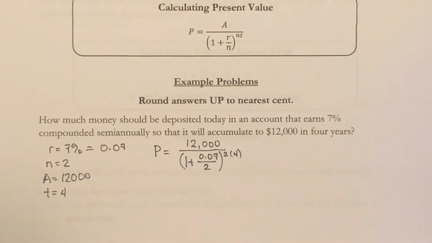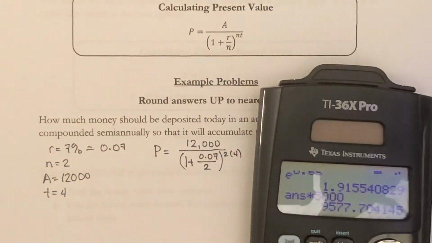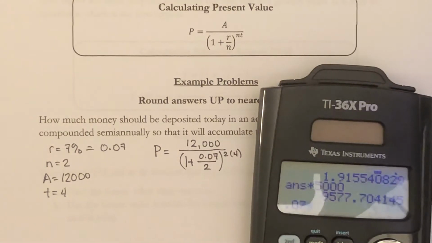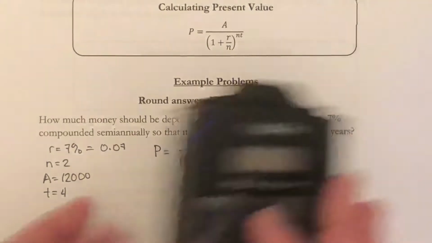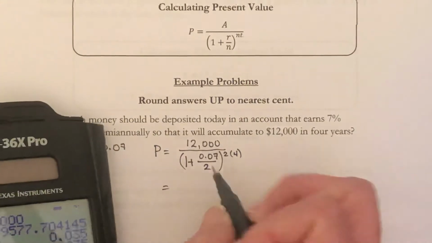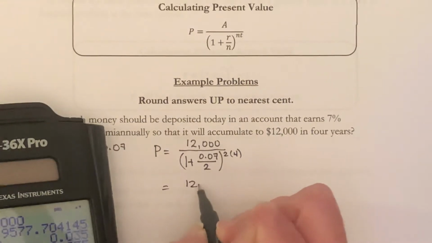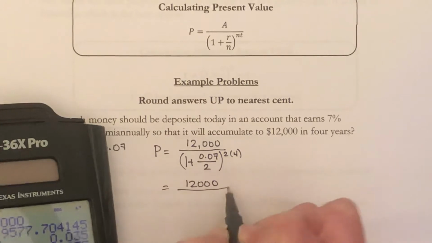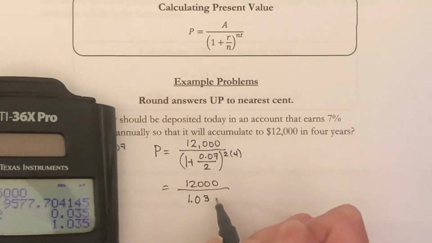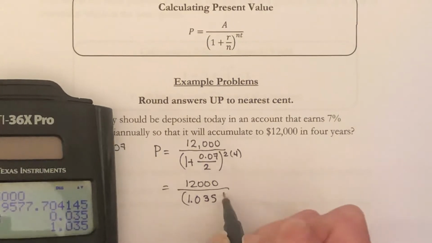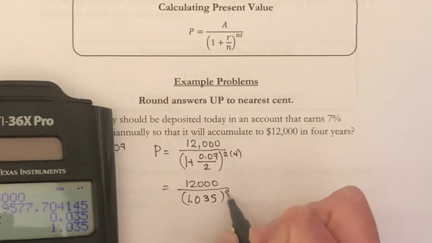So I'm going to simplify inside those parentheses. I have 0.07 divided by 2 plus 1. So my present value is 12,000 divided by 1.035 raised to the 2 times 4 is 8.